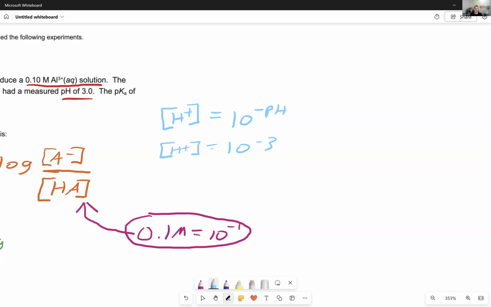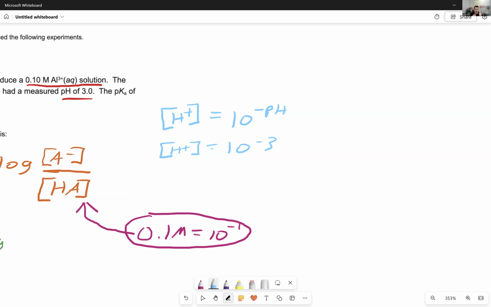Now, you might be going, okay, Matt, that's cool. That's our concentration of protons, but what we need is the concentration of conjugate base. Well, we saw from the passage that these weak acids are able to donate 1 proton, right? So if we have 10 to the negative 3 protons, that means our concentration of conjugate base is also going to be 10 to the negative 3, since these acids work in a 1-to-1 ratio.